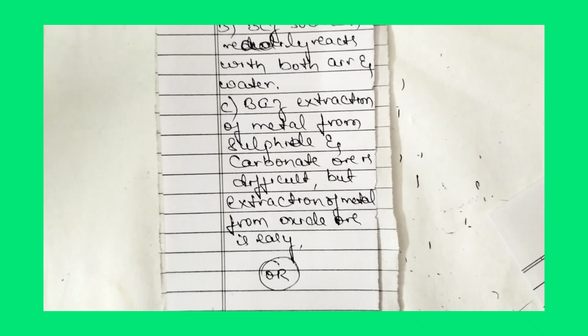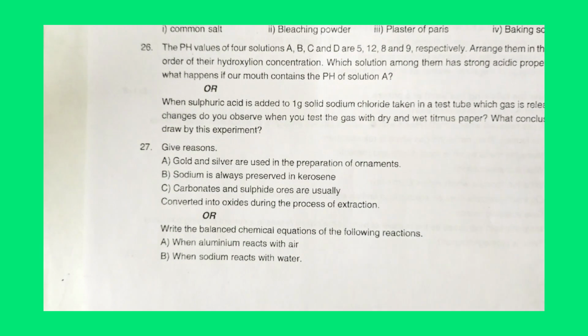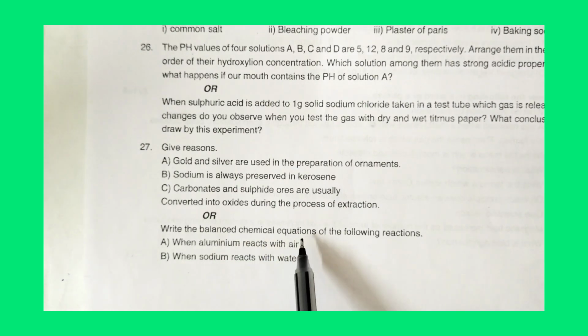The internal choice question says: write the balanced chemical equations of the following reactions. When aluminum reacts with air, when sodium reacts with water.